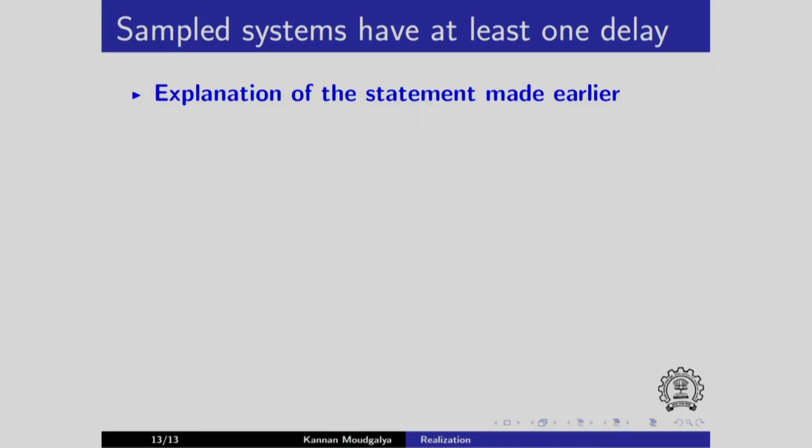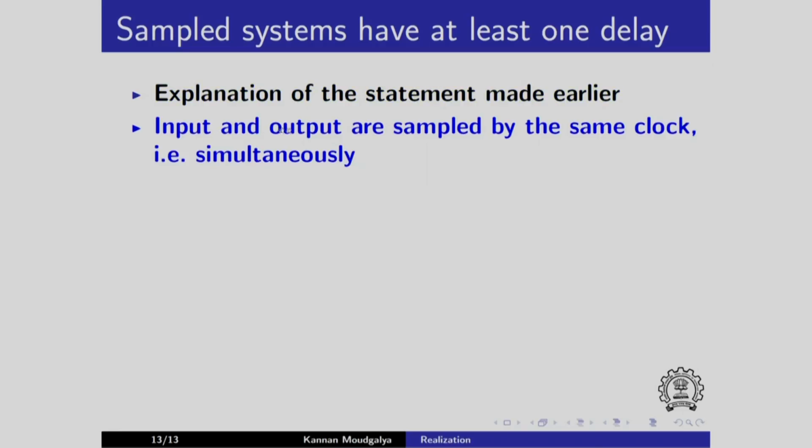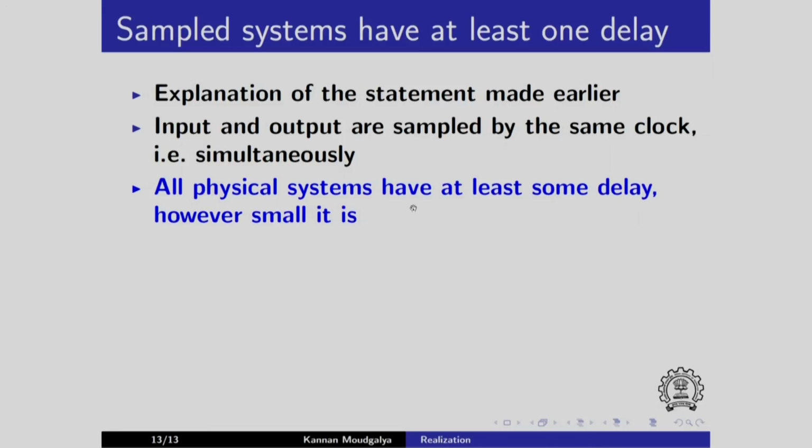We conclude this presentation with an explanation of a comment I made earlier, that sampled systems have at least one delay. Remember, input and output are sampled by the same clock, that is, they are simultaneously sampled. All physical systems have at least some delay, however small it is. It could be a millisecond or a microsecond, but there is a non-zero delay.